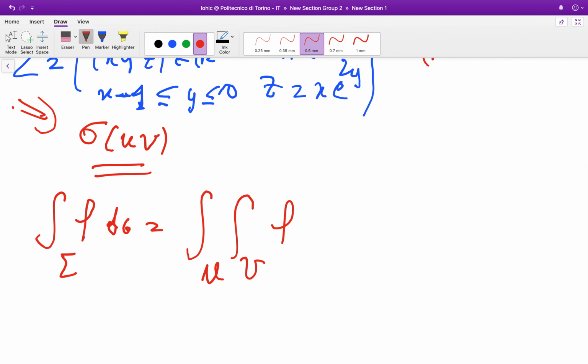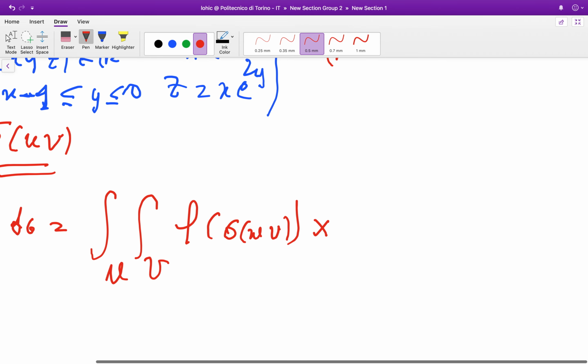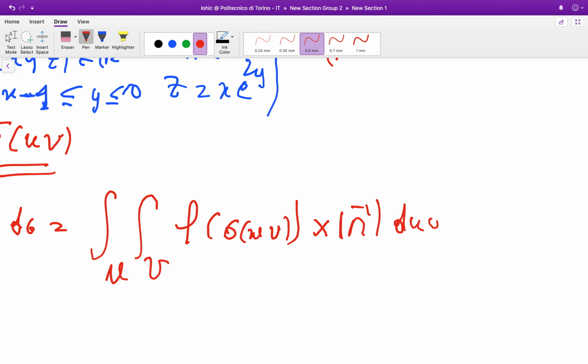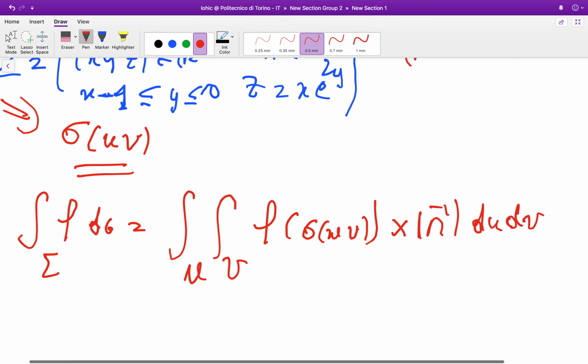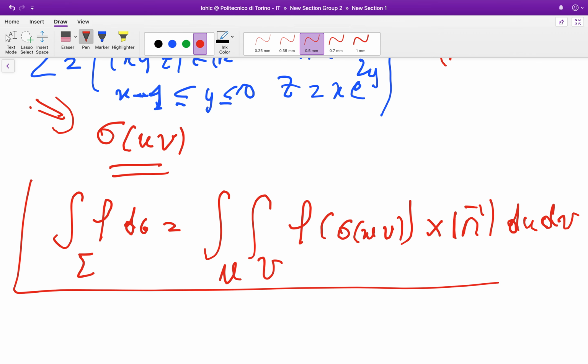Then I put f, I put the surface inside the function. Is that clear? And then I multiply this by the modulus of the normal vector of the surface, and I integrate in du dv. So this is how you perform the integral of a function on a surface.